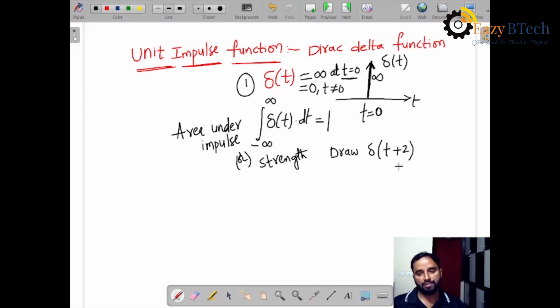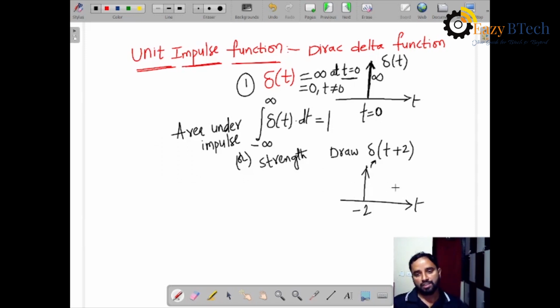It is time shifting of del of t. Here the plus symbol means left shift, and here 2 units left shift. That's simple. So at minus 2 we plot the impulse. Now this becomes del of t plus 2.